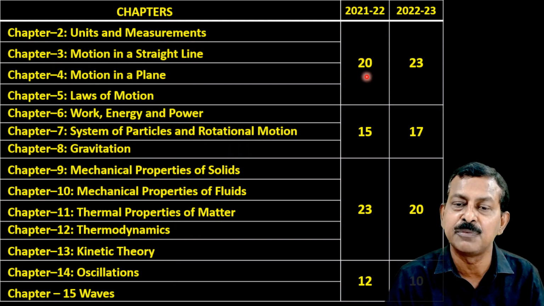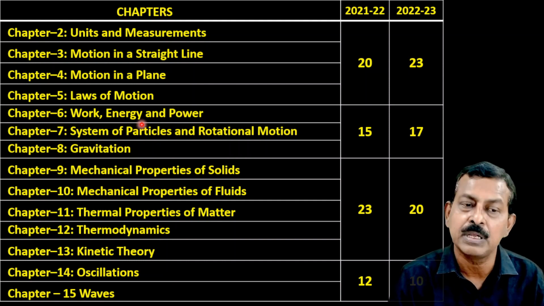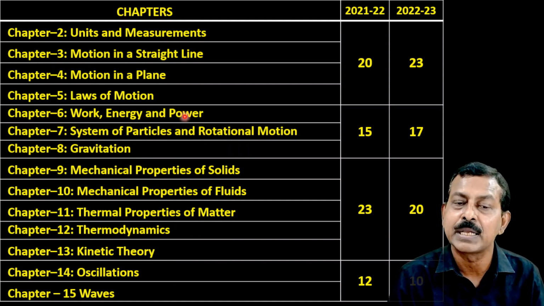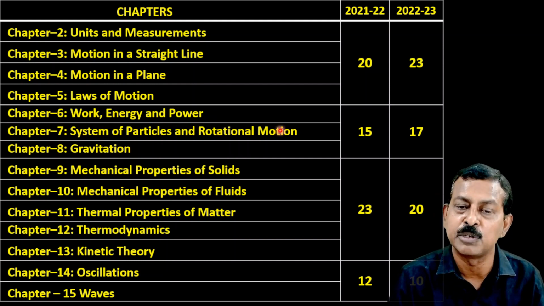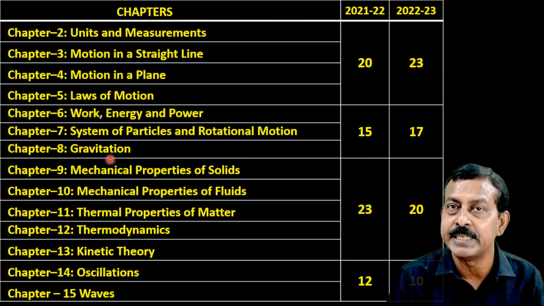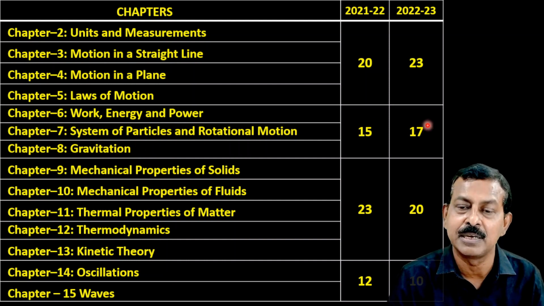All these together were of 20 marks. Now it is 23 marks. Whereas chapter 6, work, energy and power, chapter 7, system of particles and rotational motion, and chapter 8, gravitation, together were 15 marks earlier. Now it is 17 marks.